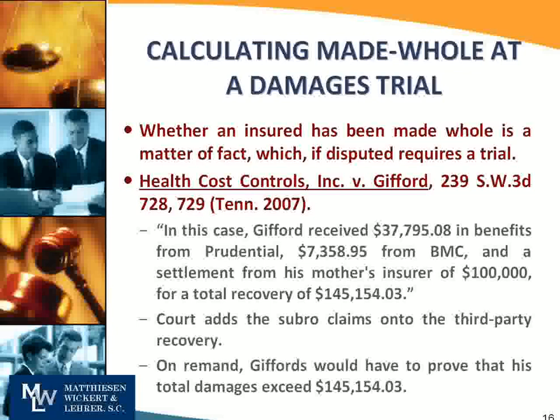You've also received $7,000 from BMC and $37,700 from Prudential. So we add all of that together before we determine how much you've recovered. So essentially, your subrogated claim gets added on top of the third-party recovery for purposes of how much has been recovered by the plaintiff in the case.